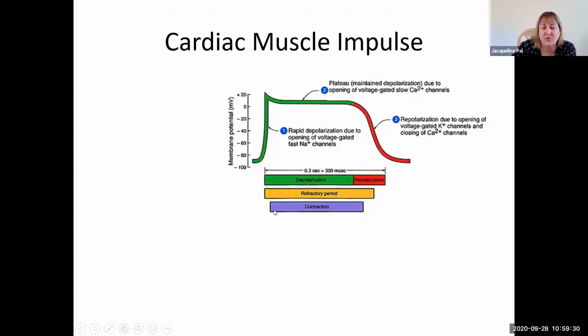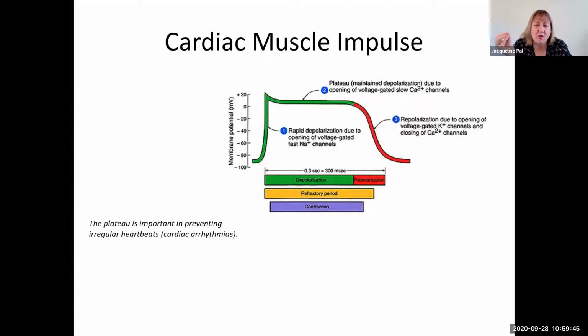The actual muscle contraction occurs slightly after the beginning of the refractory period and ends slightly before the end of the refractory period. So this plateau increases our refractory period while we're having contraction going on.